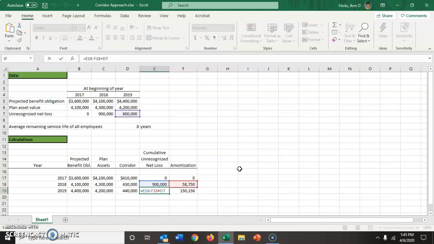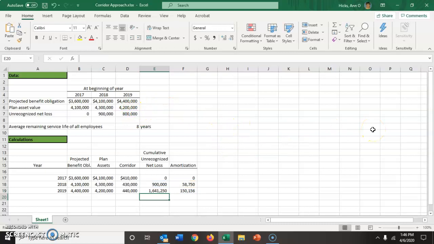It's going to be the 900,000 from the previous year minus the 58,750. We amortized that amount, so we effectively took it out of the account, plus then the additional 800,000 that was incurred in 2018. So we now are looking at cumulative unrecognized net loss of $1,641,250.